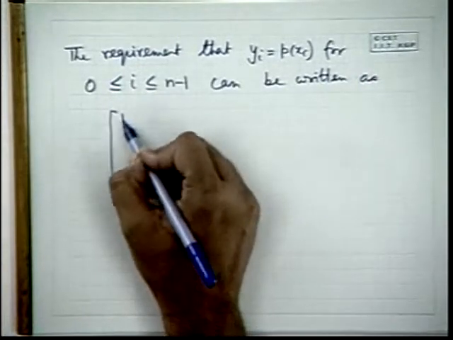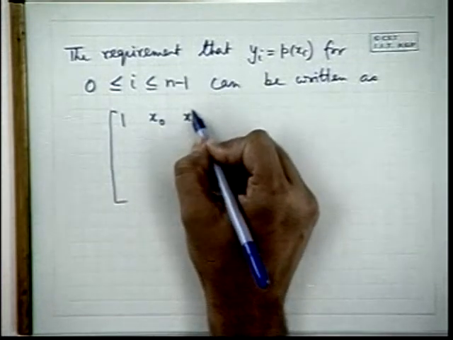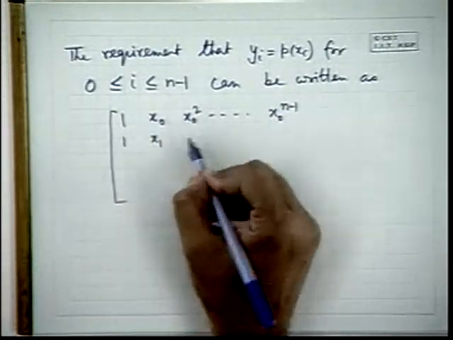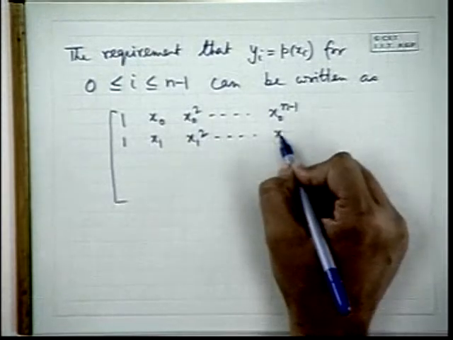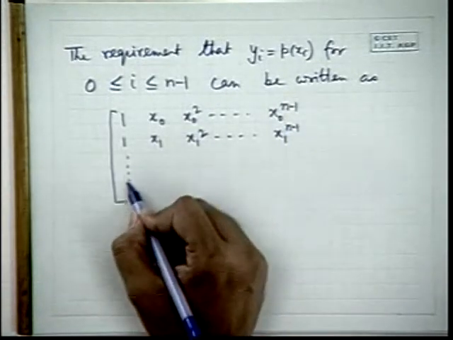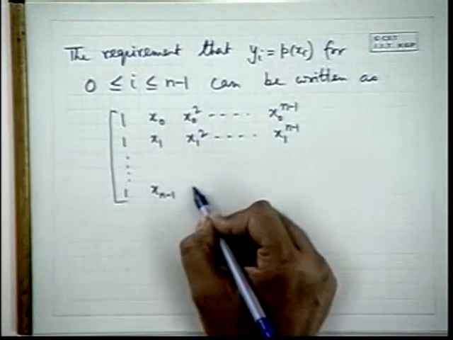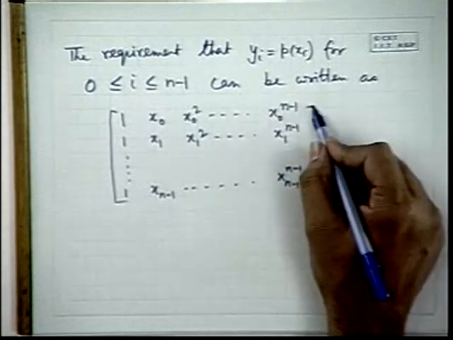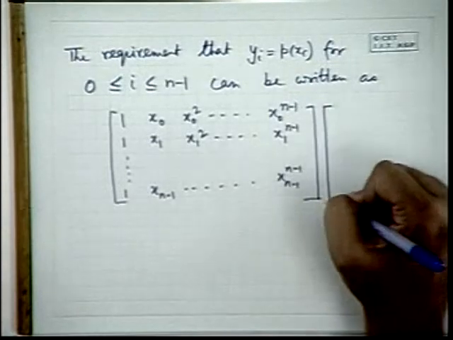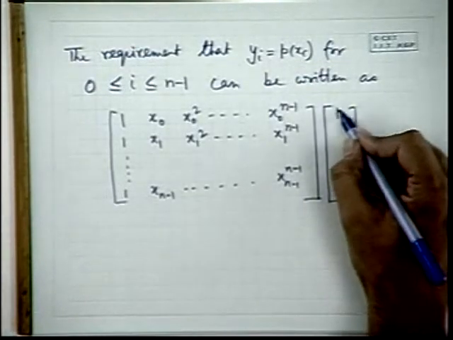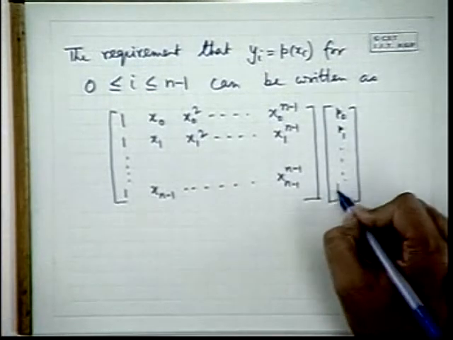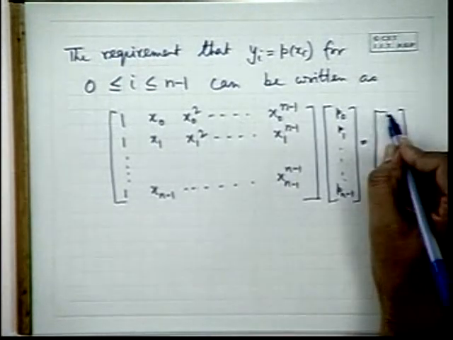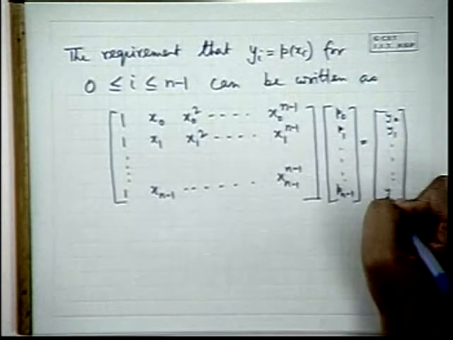The matrix has rows 1, x0, x0 square up to x0 to the n minus 1, then 1, x1, x1 square up to x1 to the n minus 1, and so on, up to the row for x n minus 1. You multiply this matrix with the coefficient vector p0, p1 up to pn minus 1, and on the right hand side you get the values y0, y1 up to yn minus 1.